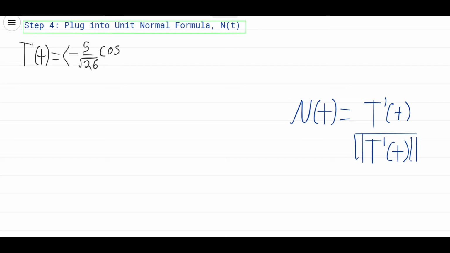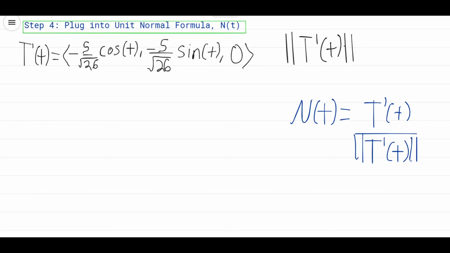We computed it to be -5 over the square root of 26 cosine t, -5 over the square root of 26 sine of t, comma 0. So that was our unit tangent vector derivative. And the magnitude of this was positive 5 over the square root of 26.